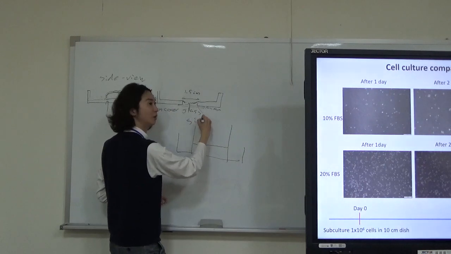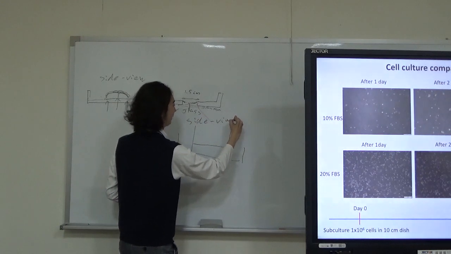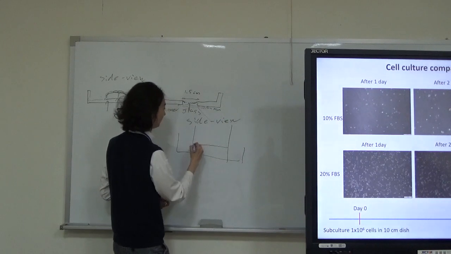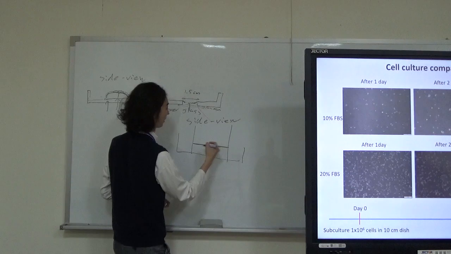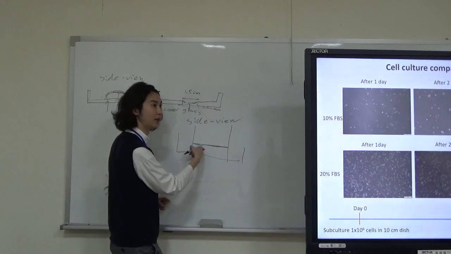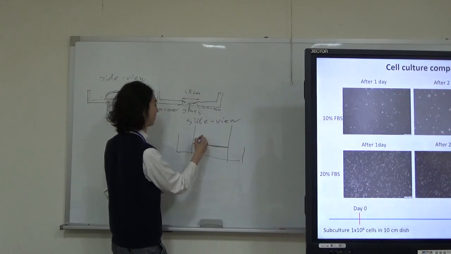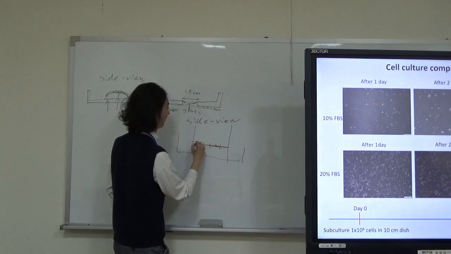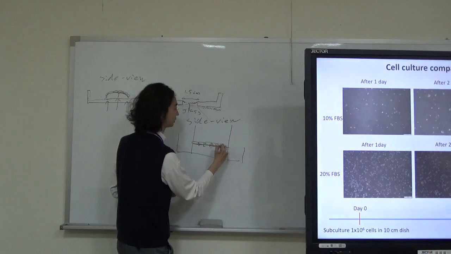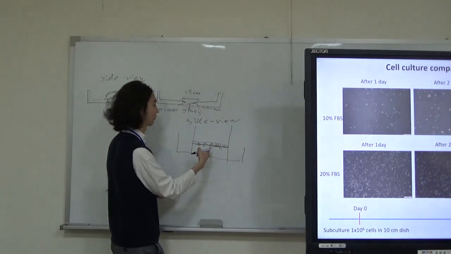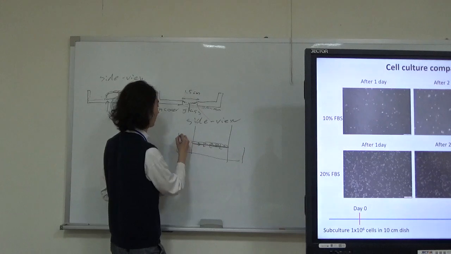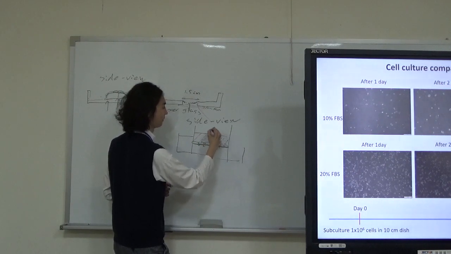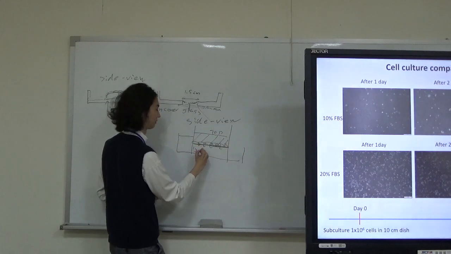This is a side view, and this is a plastic filter that materials can pass through. We see Caco2 cells on the filter, so we can divide the medium into the top side and the bottom side.